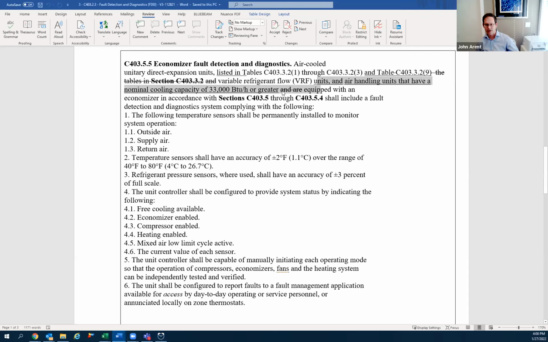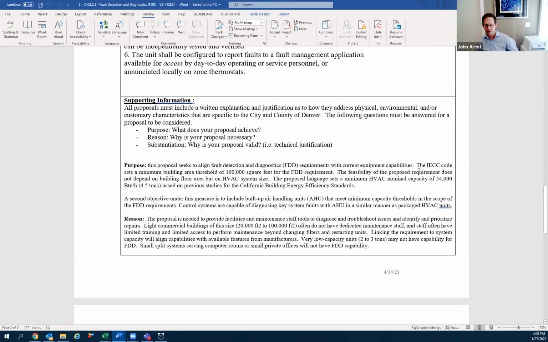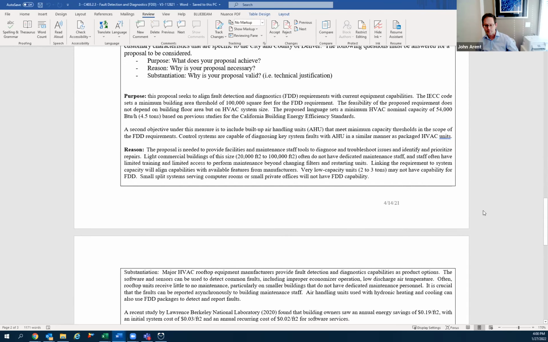These mirror some requirements in other jurisdictions, namely California, but they're also recommended because of the availability of these controls and the fact that they work. There is a study by Lawrence Berkeley National Lab that showed energy savings far outweighing the cost of these systems.